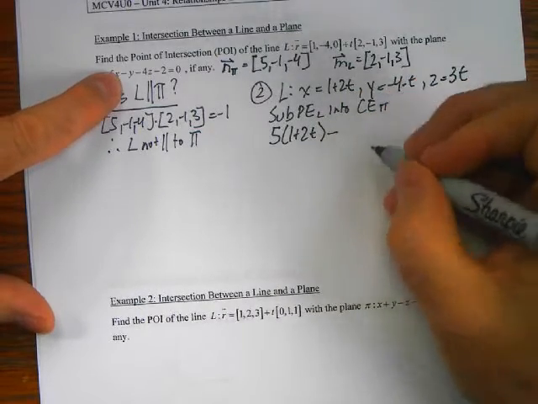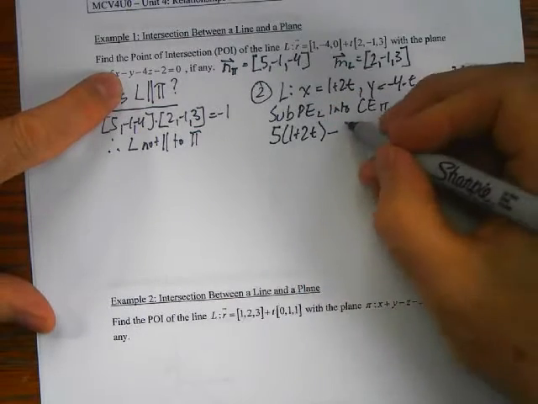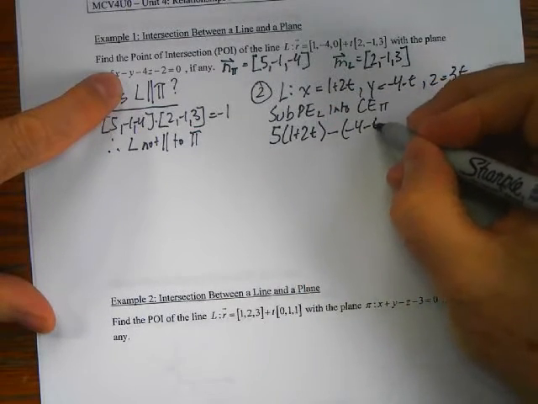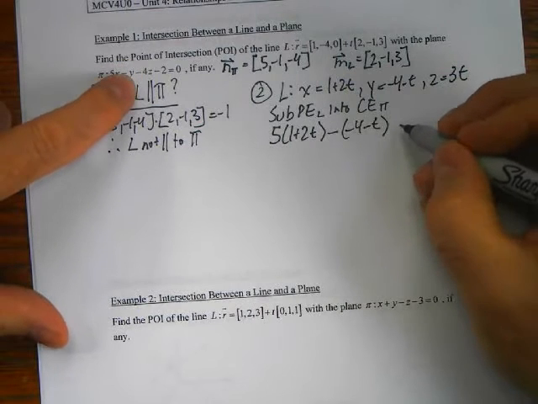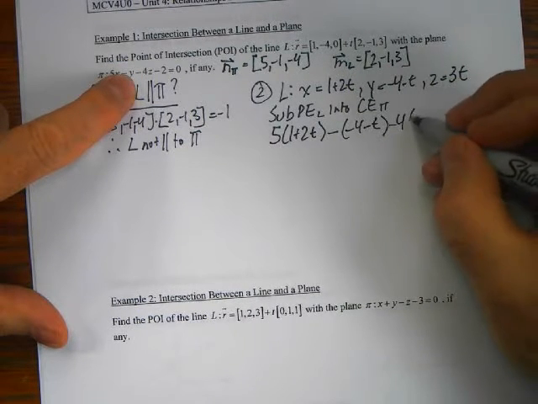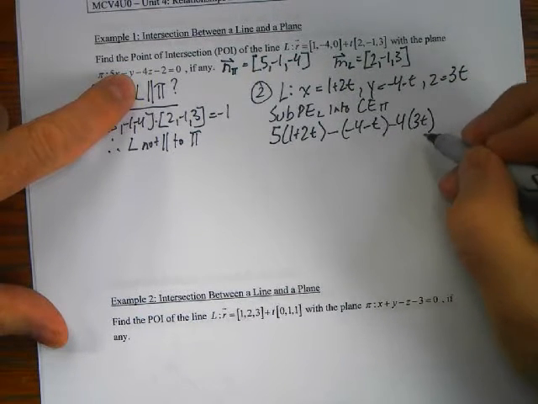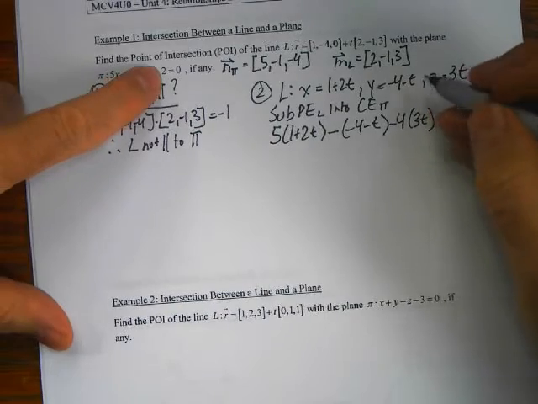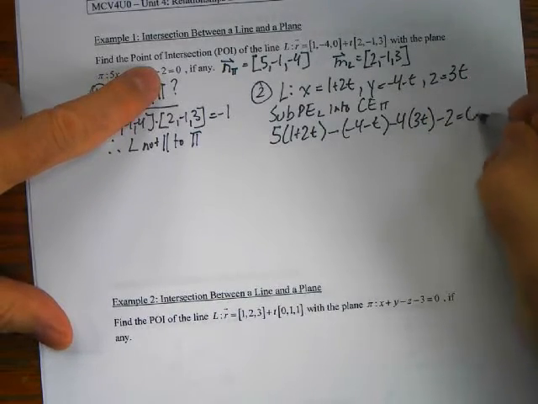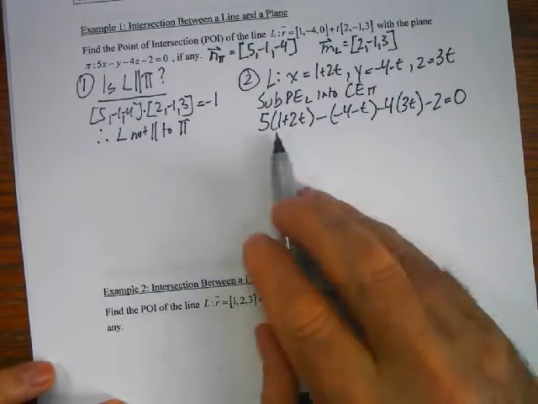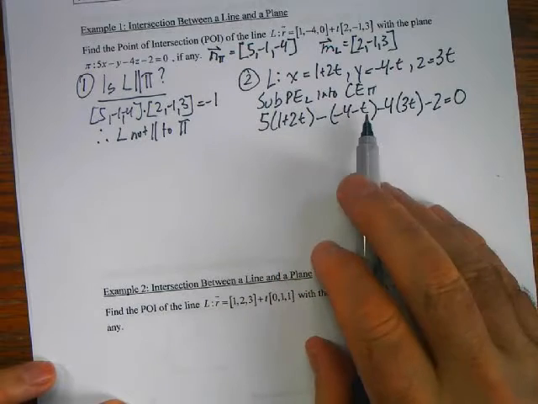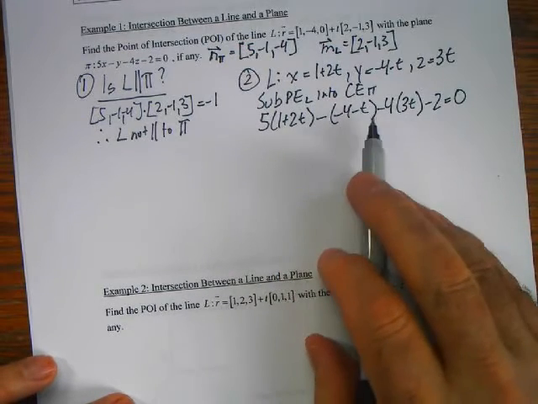And then minus y, and y happens to be -4 minus t. And then minus 4z, z is 3t. And then minus 2 equals 0. You can see we've only got the one variable here, so this is basically a linear equation now.